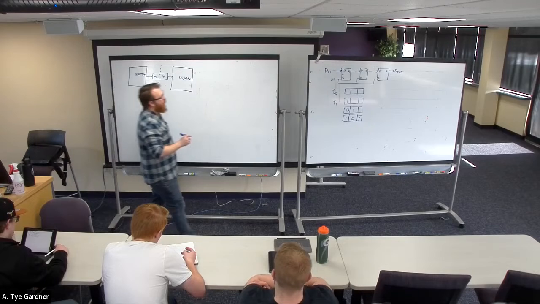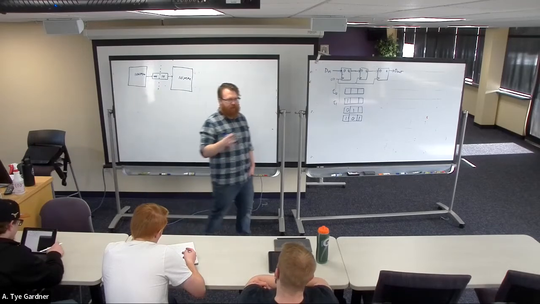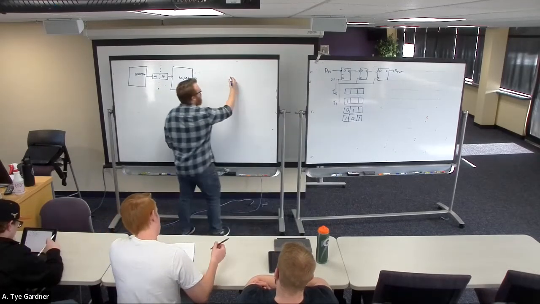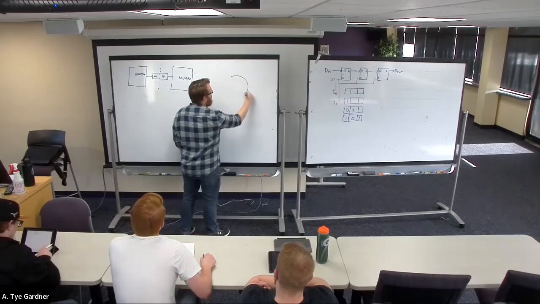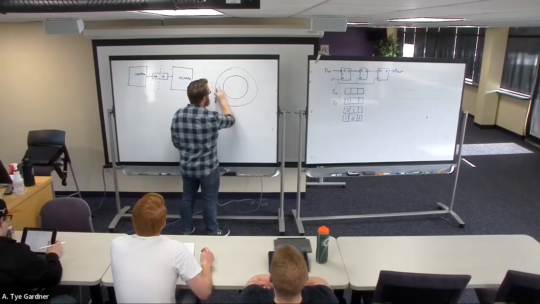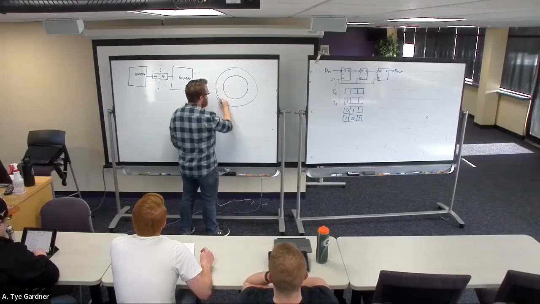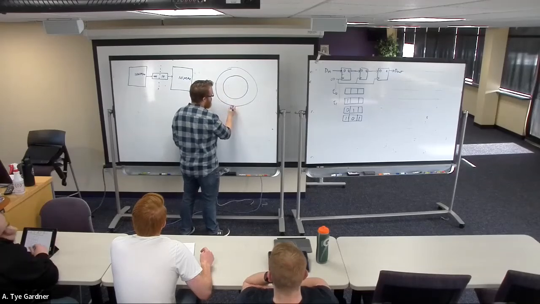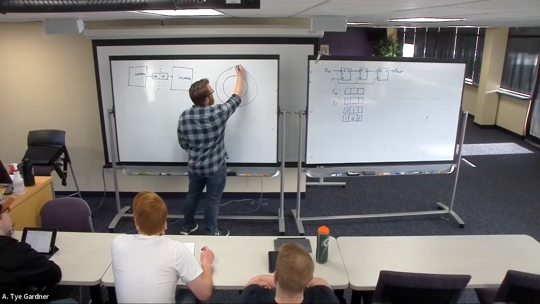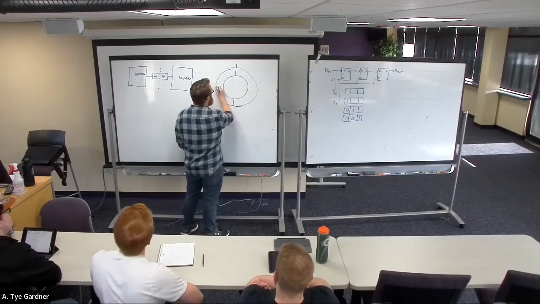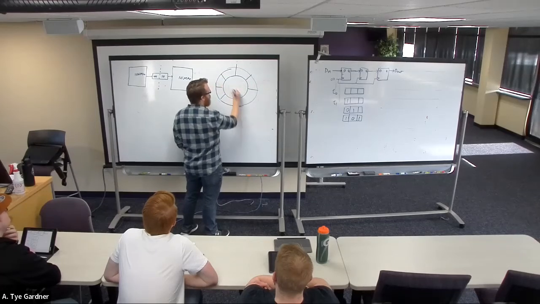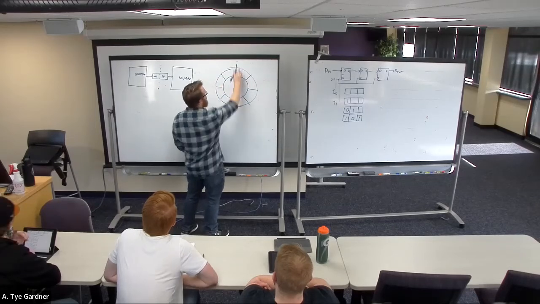So let's suppose that you had an 8-bit cross-clock domain register. We'll see if it ends up 8 bits. I'm a terrible artist. There we go.